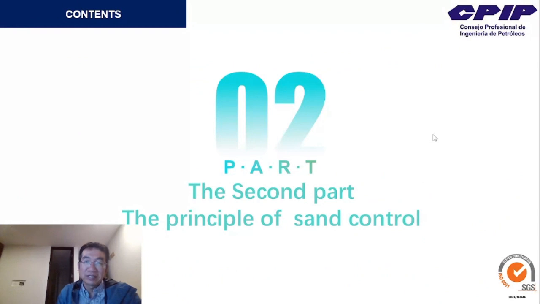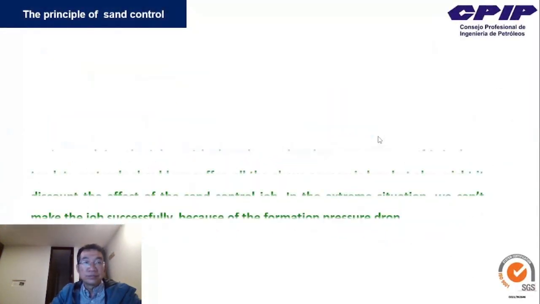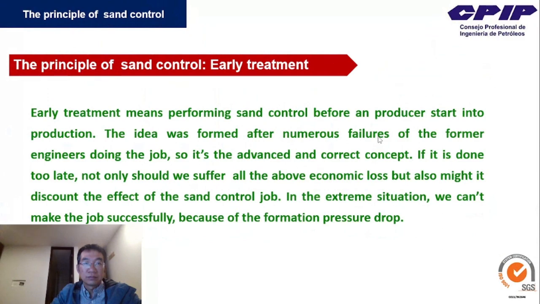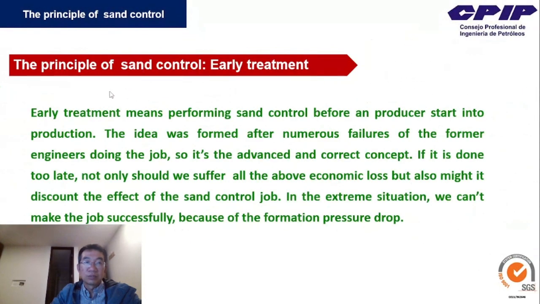Okay, let's begin the second part, the principle of sand control. The principle of sand control is early treatment. Early treatment means performing sand control before a producer starts production.